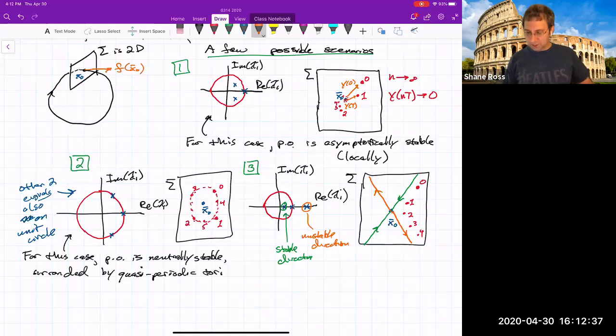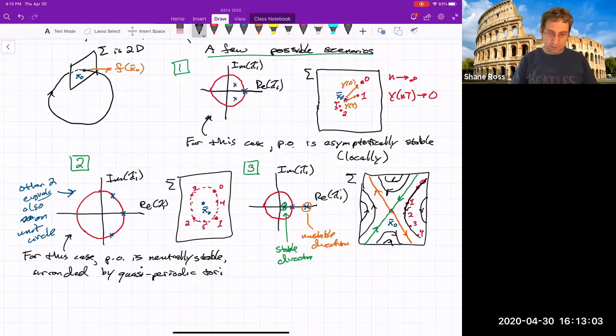In general, most trajectories will look like this, and it looks like they are on a hyperbola. So everywhere there's hyperbolas, and I'm drawing what look like continuous curves, but of course points are jumping along. But it looks like the typical picture of a saddle point. It's a discrete version of a saddle point.